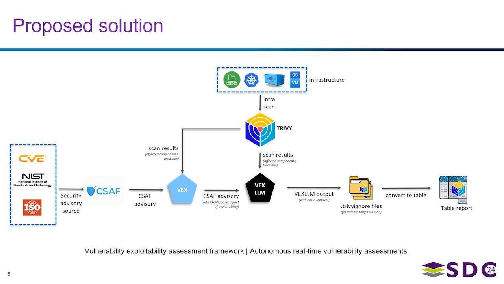While CSAF, we discussed, is trying to pull in data from various sources where typically the software advisories are listed and put it into a concise, standardized format. The moment you have it in a standardized, concise format, these CSAF advisories are provided to VEX, and the information that Trivy pulls in from all your infrastructure is also given to VEX.